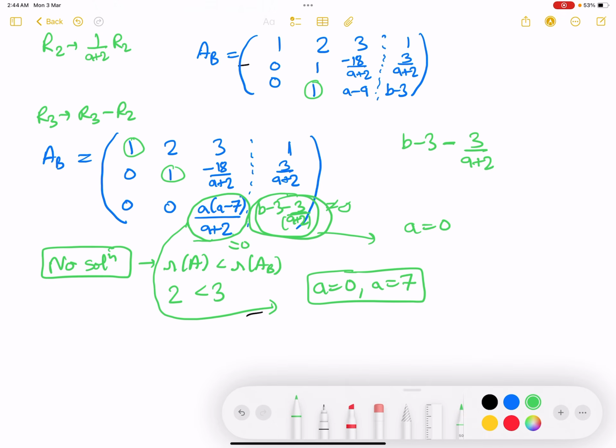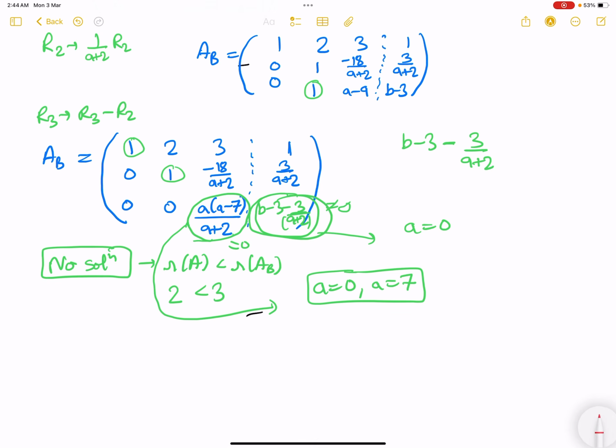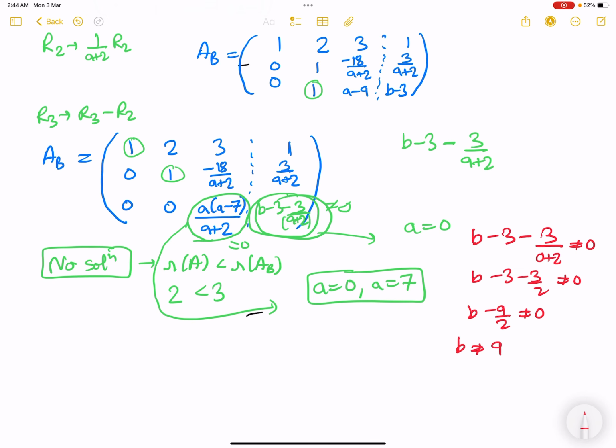This means b minus 3 upon a plus 2, so 0 plus 2, should not be 0. So b minus 3 by 2 should not be 0. So b minus 9 by 2 should not be 0. So b should not be equal to 9 by 2.